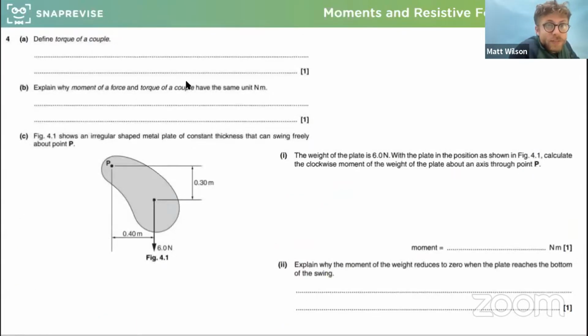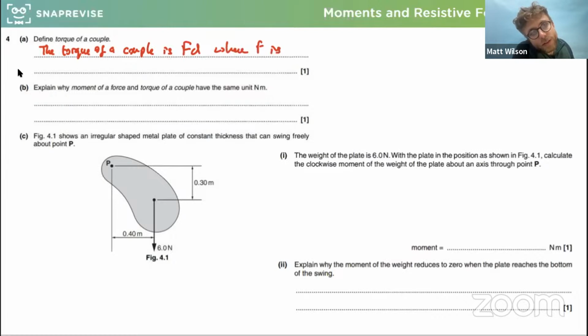Next question. Define the torque of a couple. Now, there are all sorts of valid answers you could give to this. I'm going to say the following. The torque of a couple is Fd, where F is the size of each force, and d, the distance between them.